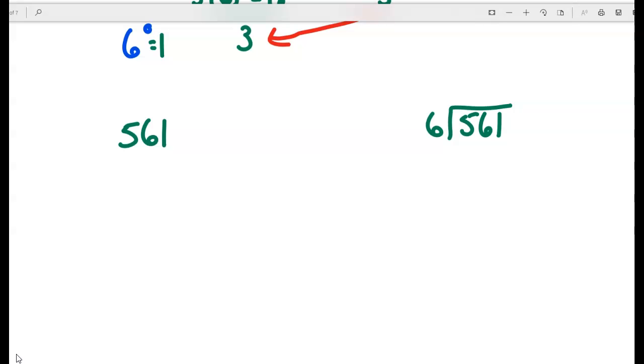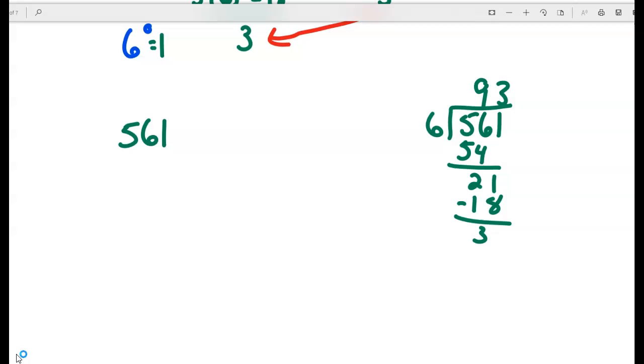When I divide that, you'll notice 6 doesn't go into 5, but 6 goes into 56 9 times. So 9 times 6 gives me 54. And it goes into 21 3 times. That gives me 18 with a remainder of 3.